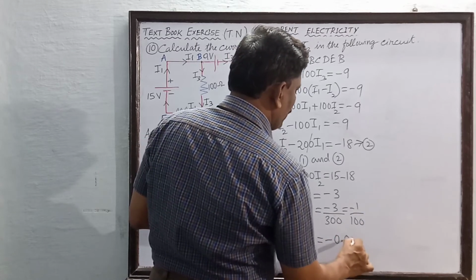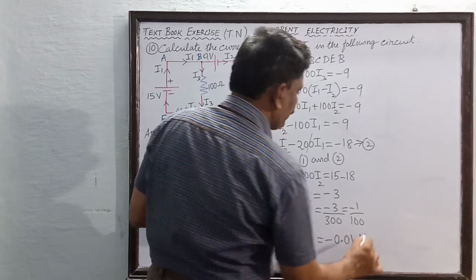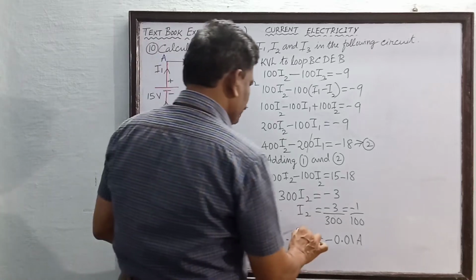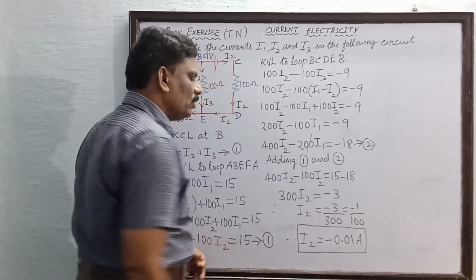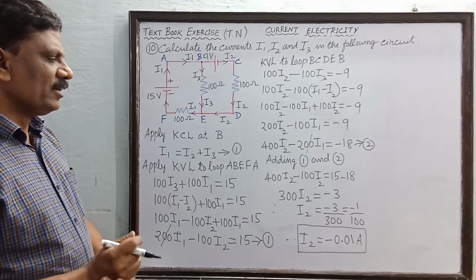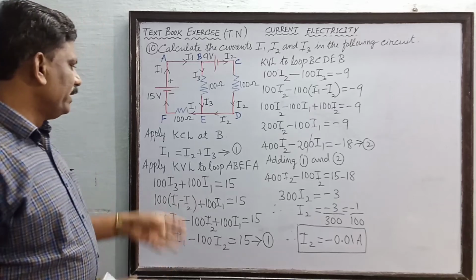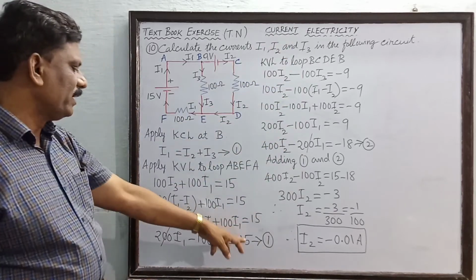So this is 0.01 ampere, with a negative sign. So I2 is equal to minus 0.01 ampere.